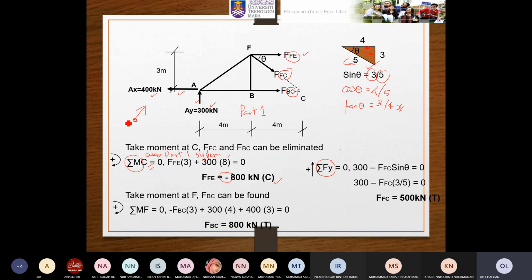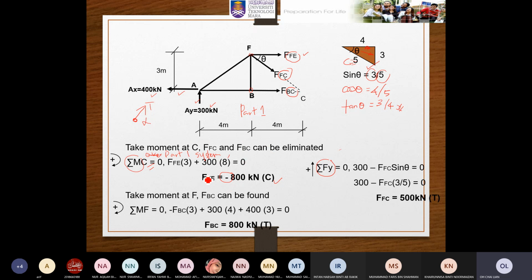If you follow this tip, just like in this example, FFE is going out from F, FFC is also an arrow going out from F, and FBC is also going out from joint B. Therefore, all of these are tension. So when you get a negative answer, you can tell this force is in compression. But if you do not follow this tip, do check what the meaning of this negative is.